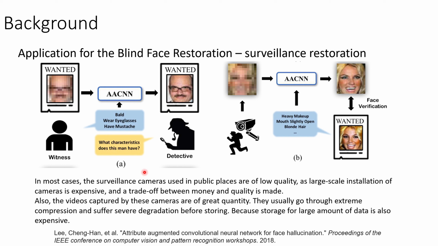So in this case, you can see with the help of blind face restoration, here is AICN, we are able to restore the suspect's face from the very low quality surveillance video. And either we put out a wanted notice for the suspect, or we compare with the suspect to see if the accused suspect is really the suspect in the video.